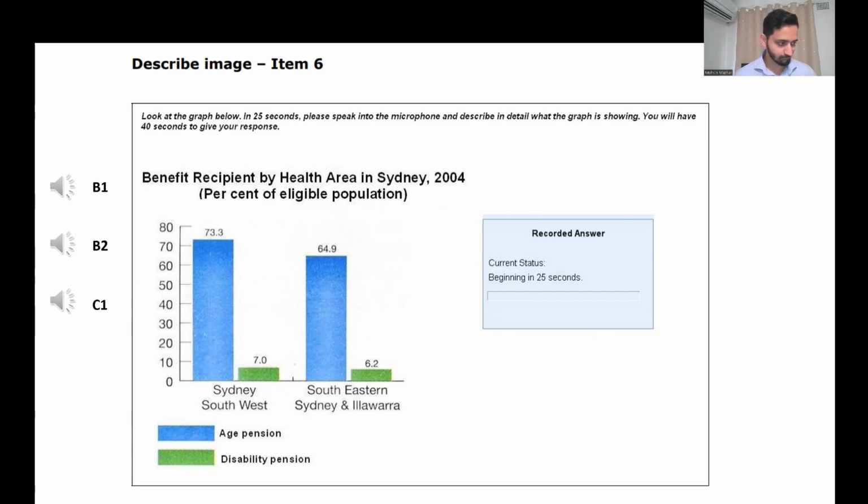The differences are Sydney Southwest have a 73.3 age person, beside this 7 point is disability persons." Right. So the ideas are not fluent or logical. They're not sequenced logically, and it's all over the place.